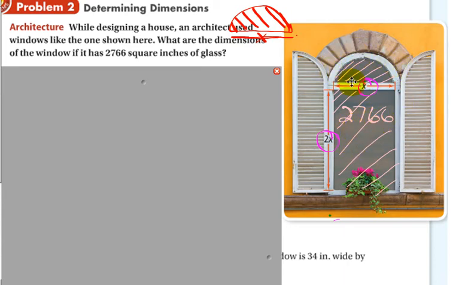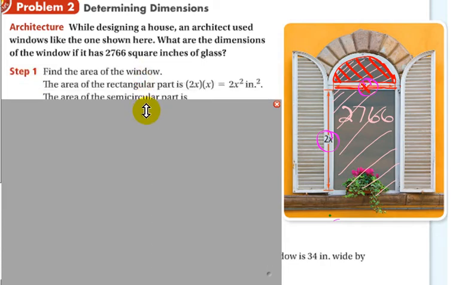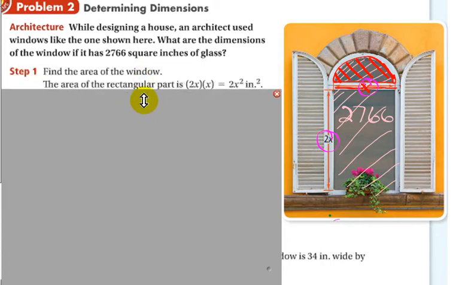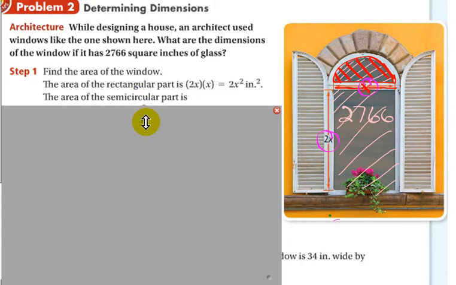But what is the dimensions for this half circle up here? Okay, so that's our little dilemma. So we have to start by taking what we're given. So to find the area of the window, we know, like I said before, the area of the rectangular part is 2x times x, which is 2x squared inches squared.